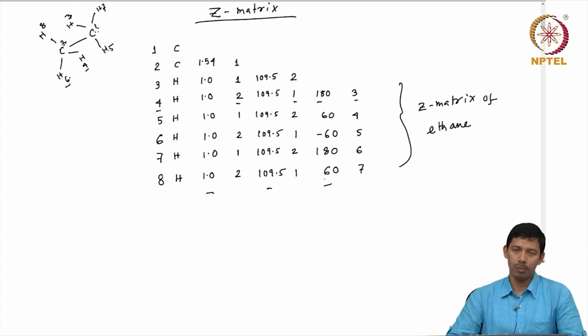Surface effect you remove by periodic boundary condition, then you apply the minimum image convention to cut down the number of original interactions from N into N minus 1 over 2, and then you used another trick called cutoff, by which you further cut down the number of interactions to make your calculations faster.